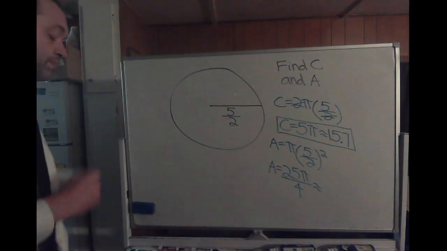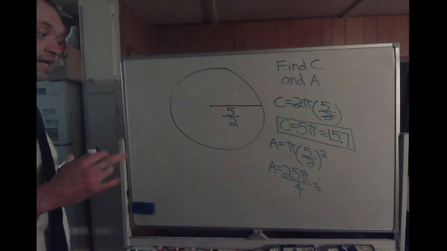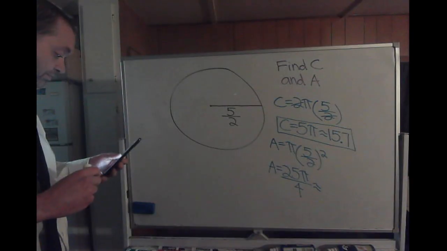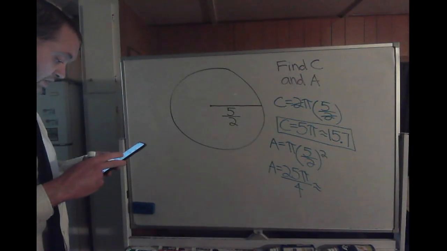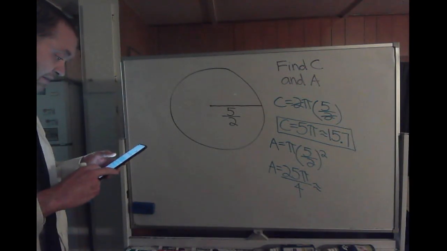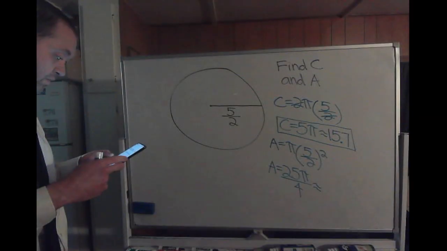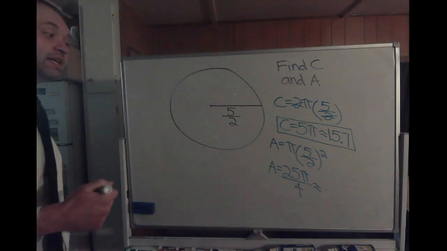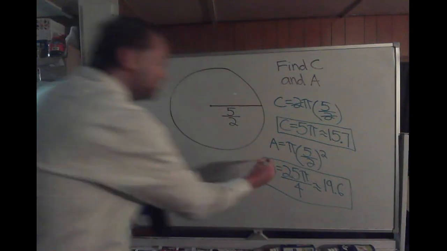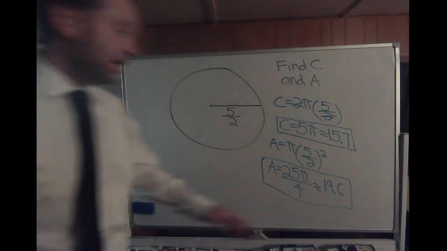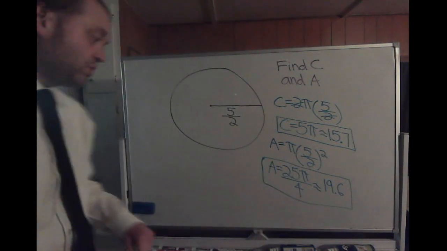But let's go ahead and find the decimal approximation of that. So 25 times pi, we get that, and then divide by 4, it's approximately 19.6. So the area would be exactly 25 pi divided by 4 square units, or approximately 19.6 square units is what you would get.